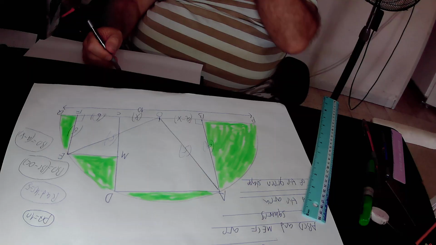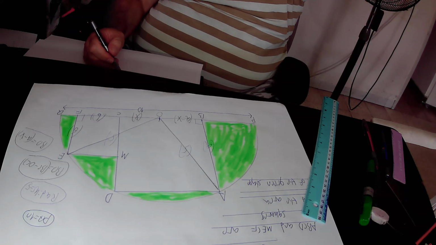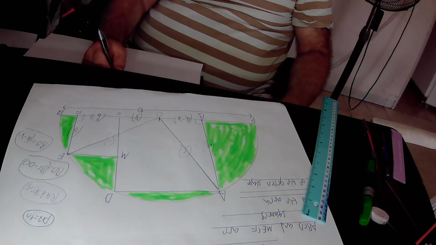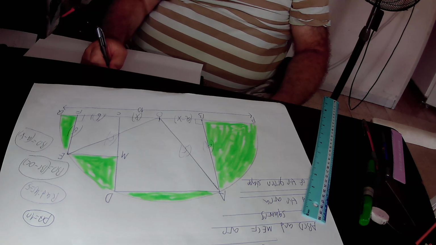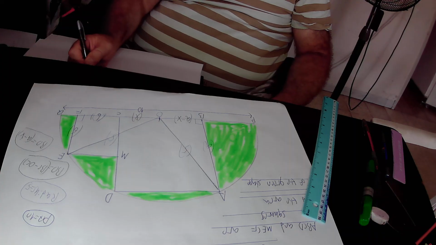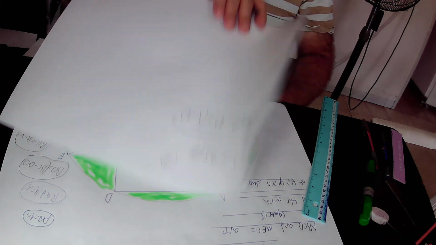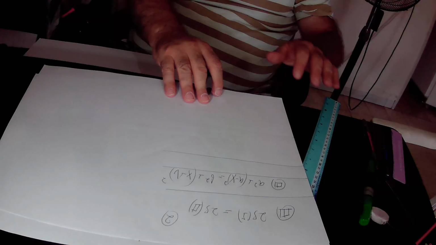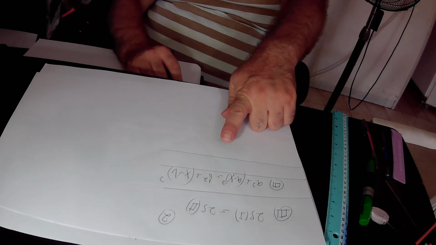And it is equal to 25 according to equation 2, which is equal to B squared plus (X plus B) squared. So according to equation 3, we found that A squared plus (A minus X) squared equals B squared plus (X plus B) squared.